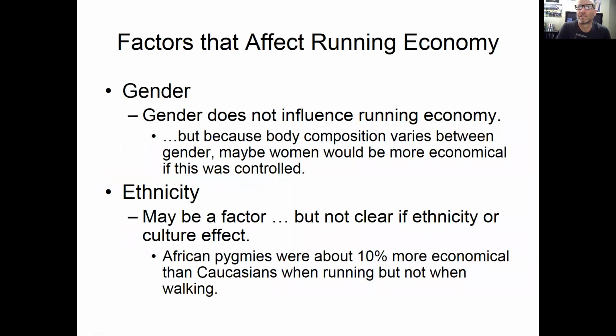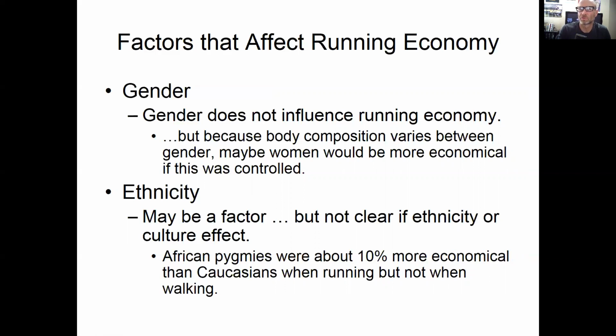All right, gender can influence running economy, but it's probably more related to body composition than actual gender. So maybe women can be considered more economical if body composition is more controlled. Ethnicity may be a factor, but when people talk about ethnicity, there often needs to be a cultural and maybe socioeconomic understanding of what's going on with different ethnicities.